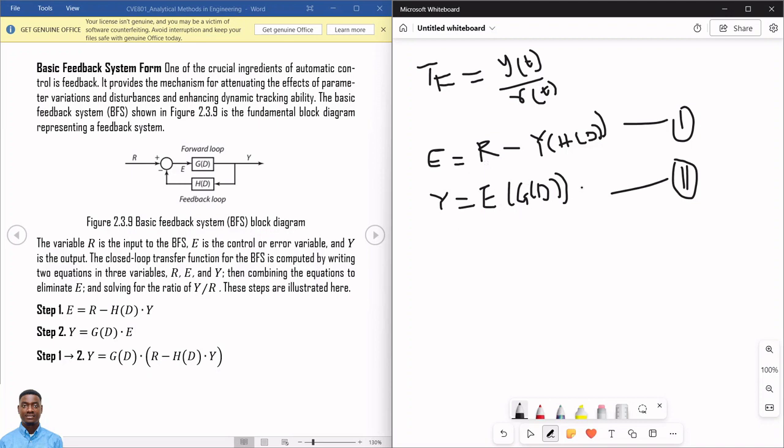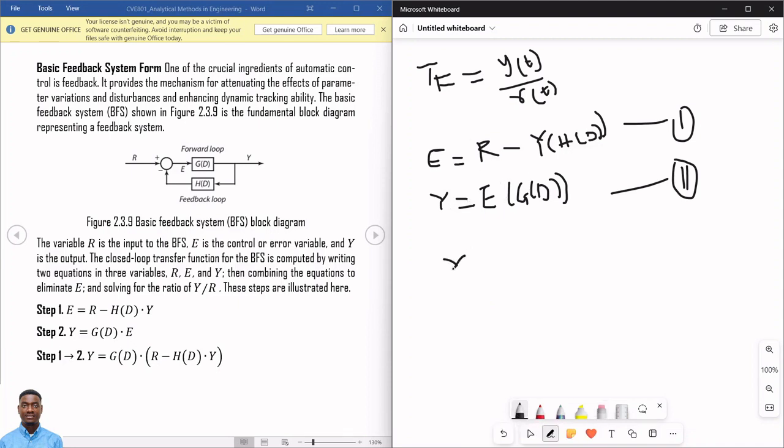If we put equation 2 into equation 1, so just substitute our Y as this, we are going to have E. So let's just put our equation 1 into equation 2. So we have Y equals E times this, and we know that E is all of this.